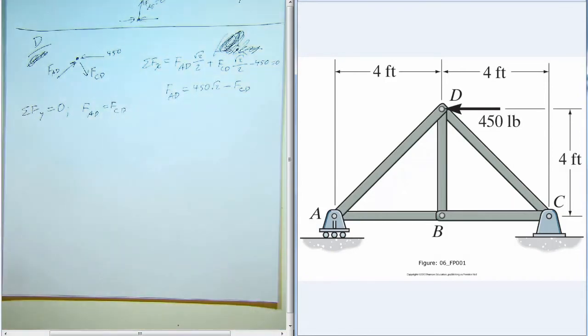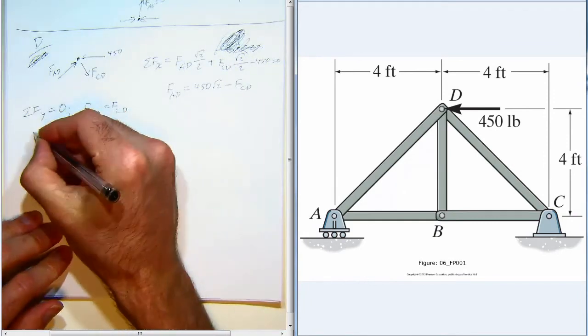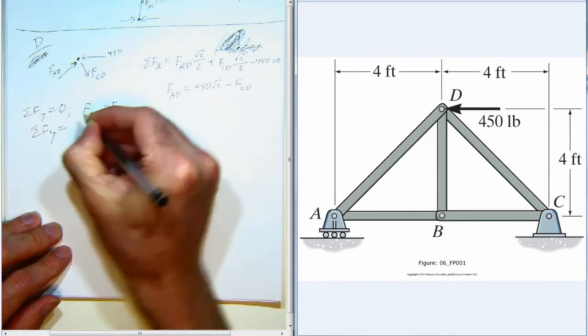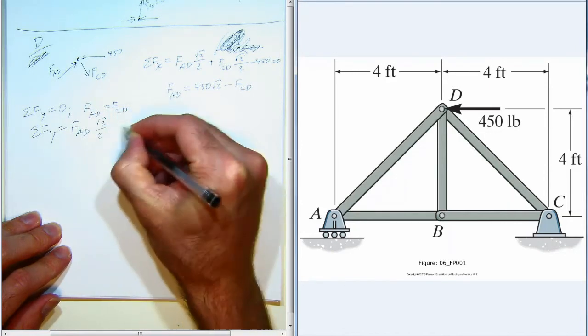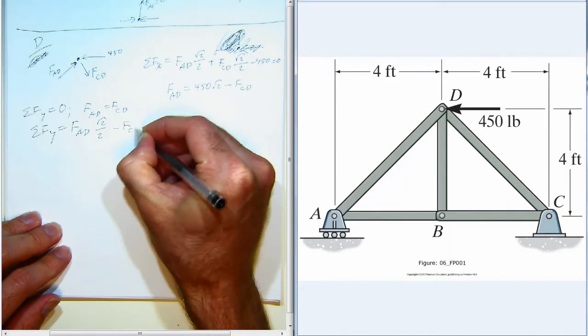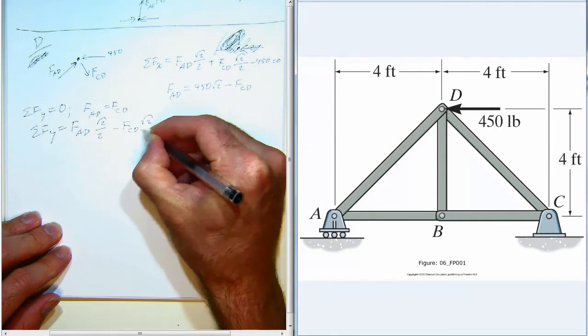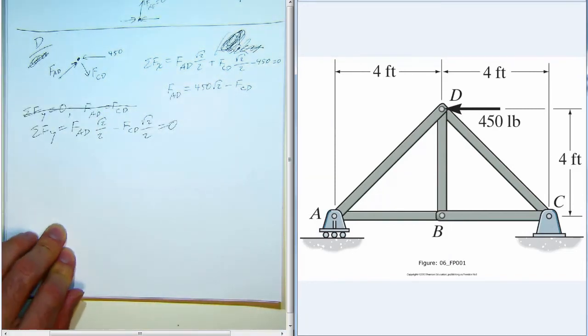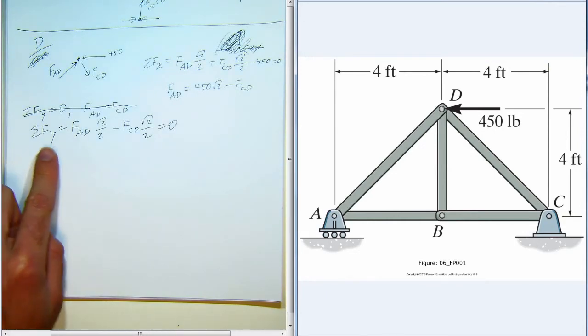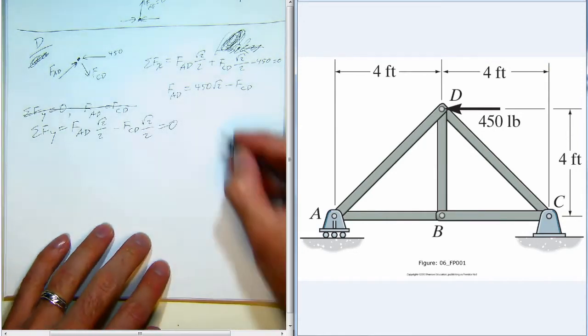That just tells us that FAD is equal to FCD, since those are the only forces in the y direction. I'll go ahead and write it out. FAD sine of 45, square root of 2 over 2, minus FCD sine of 45. So FAD is equal to FCD.